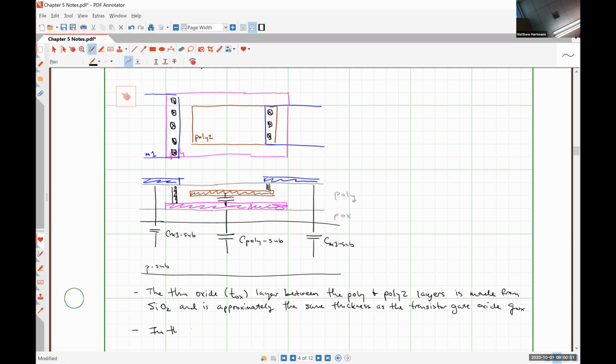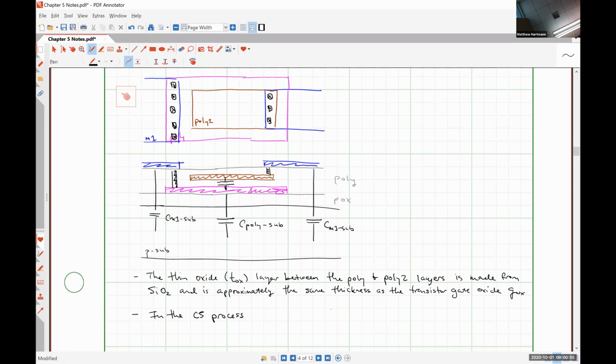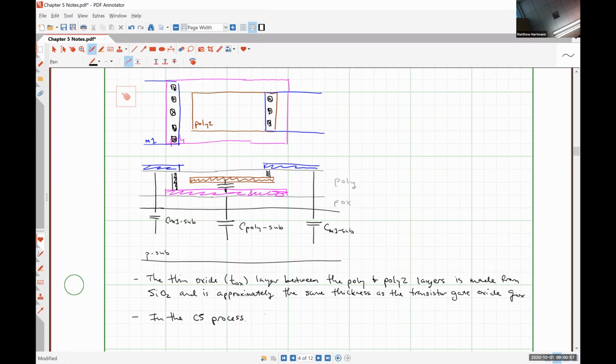In the C5 process, the oxide capacitance per area is around 950 attofarads per square micron.